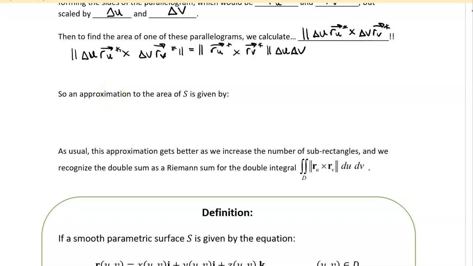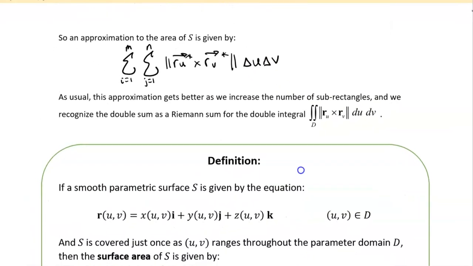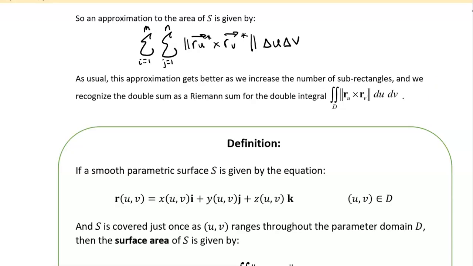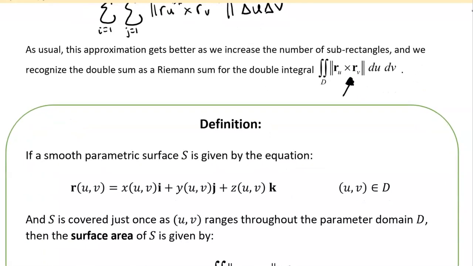So when we add up all these little patches to get the approximation of the surface area of our parametric surface, we get a double summation of the magnitude of R sub U star cross R sub V star times delta U delta V, where, as the distances get smaller and smaller and we make as many patches as we can, heading to infinity, taking limits and such, you will notice that it's going to look like our double integral of the magnitude of R sub U cross R sub V du dv.